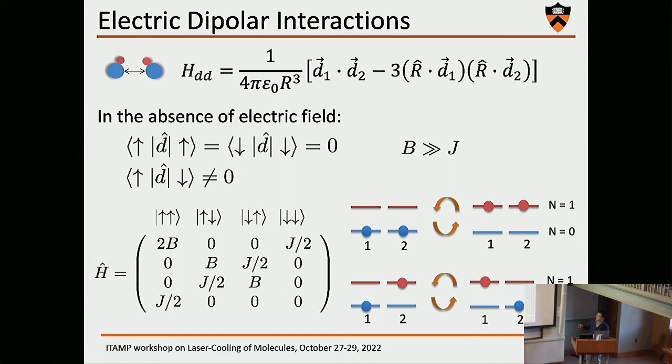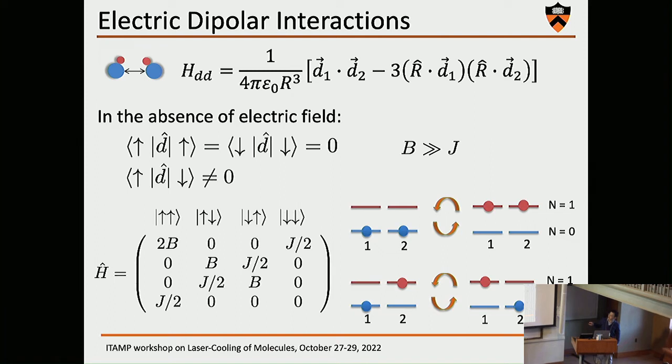So I can flip two down molecules to two up molecules, and I'll just call that the matrix element J over 2. Now I can also flip the spins of molecules aligned as down and up to up and down. So if I write down the full Hamiltonian, I get these off-diagonal terms, J over 2.